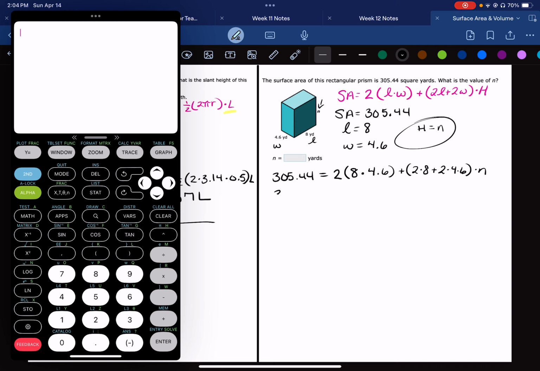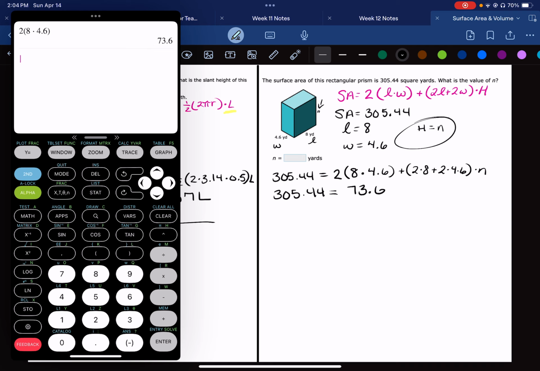305.44, we don't do anything to that yet. There's nothing over there to simplify. Then our first term, we have 2 times 8 times 4.6. We're going to do that in the calculator: 8 times 4.6 is 73.6.